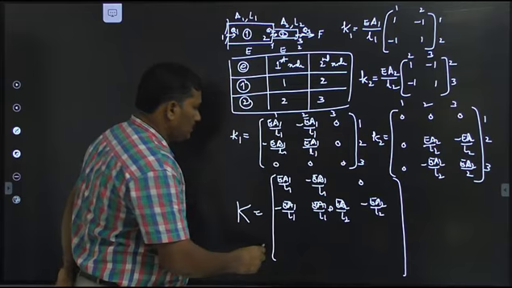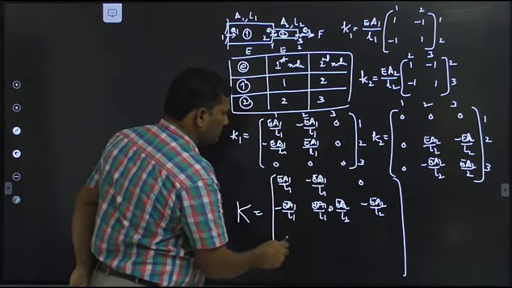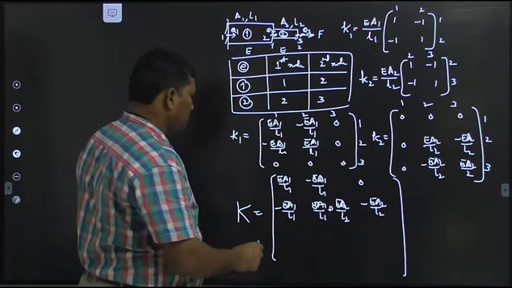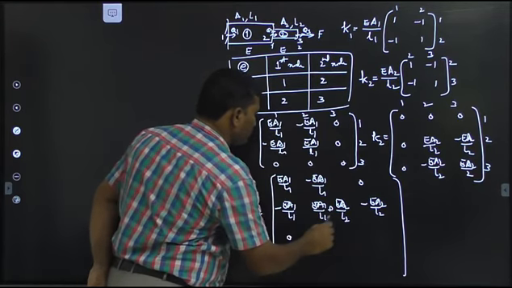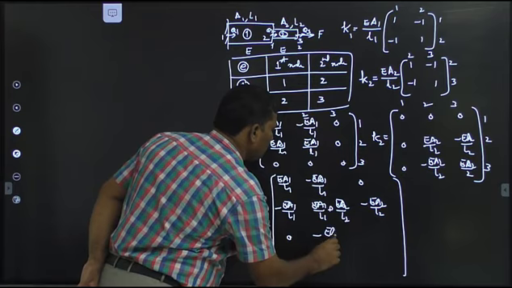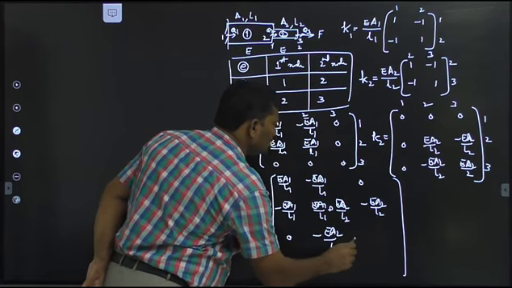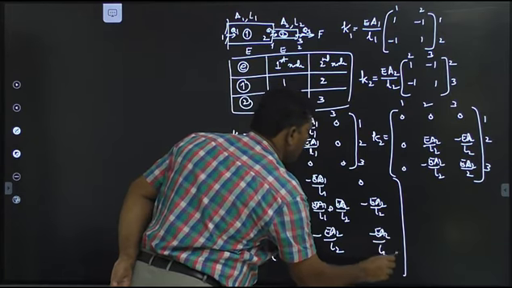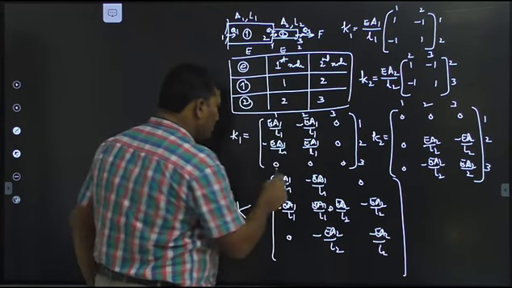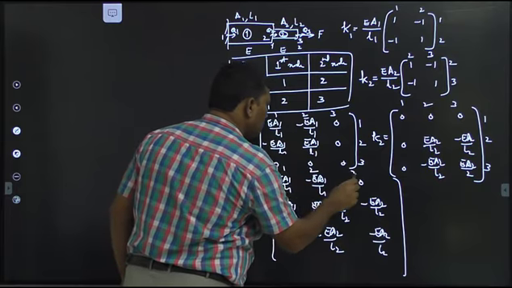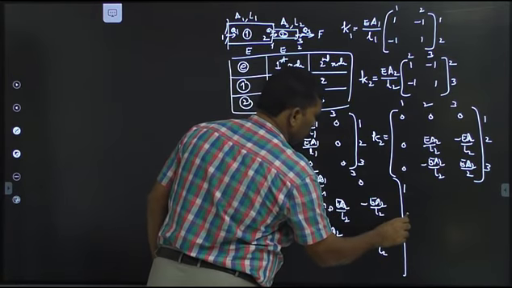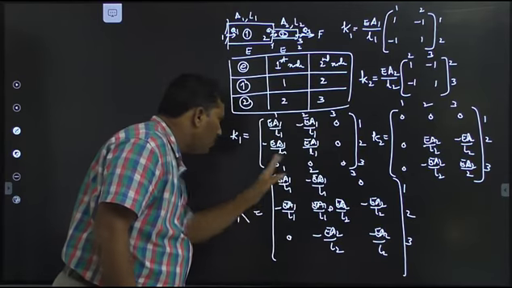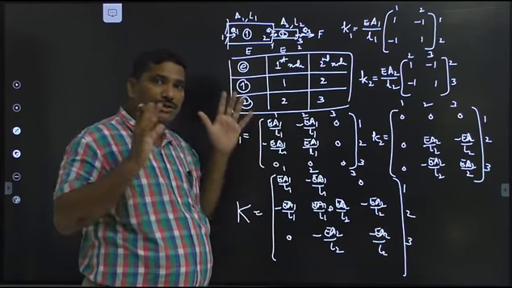Next, what do you get? So here you get 0, next minus EA2 by L2, and EA2 by L2. What are the degrees of freedom? 1, 2, 3, 1, 2, 3.